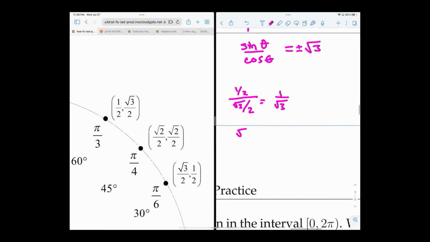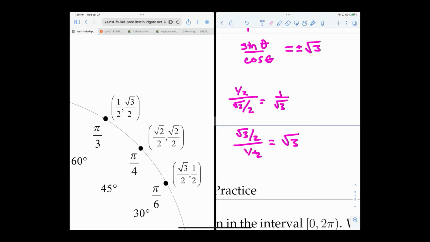If you do square root 3 over 2 over 1/2, upside down, that's how you get a square root 3. So when you're looking at the unit circle, in order to get a square root 3, we want the square root 3 over 2 on top. And we know that it's sine over cosine.